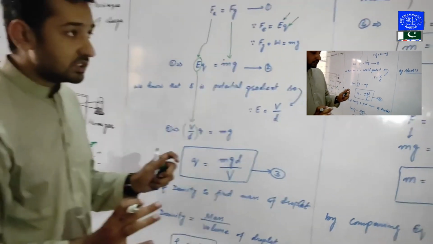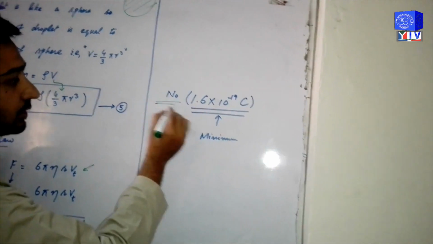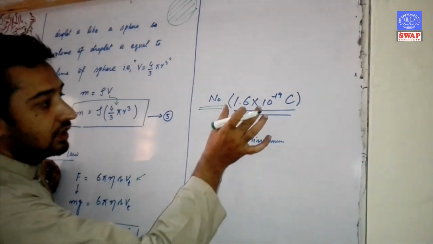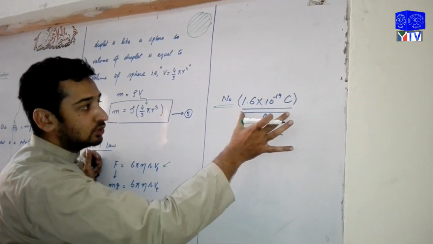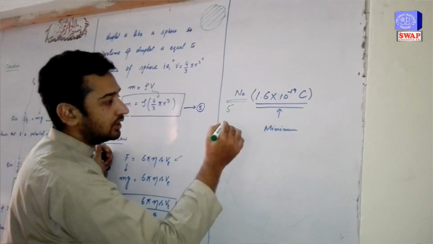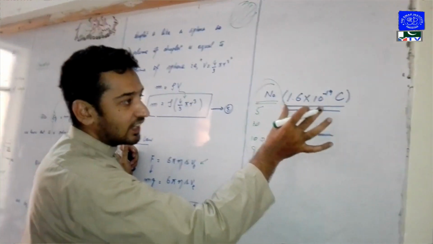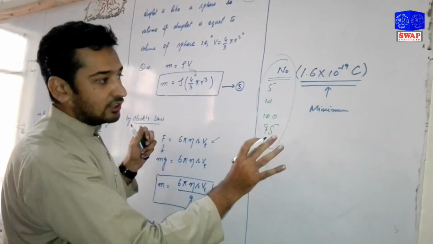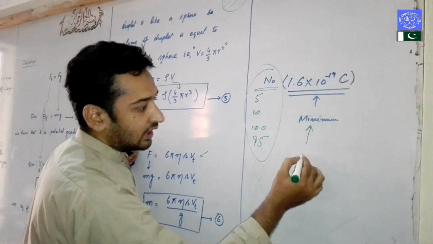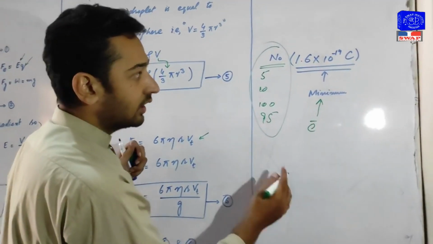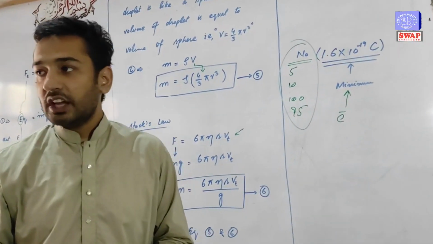that droplet, which is an integral multiple of the quantity 1.6 multiplied by 10 raised to minus 19 coulomb. This one is the minimum value. Here the number may be 5, maybe 10, maybe 100, maybe 95, any number, but that factor is common in each value, and this is the minimum value, and we can consider this as the charge on the electron, which is equal to 1.6 multiplied by 10 raised to minus 19 coulomb.